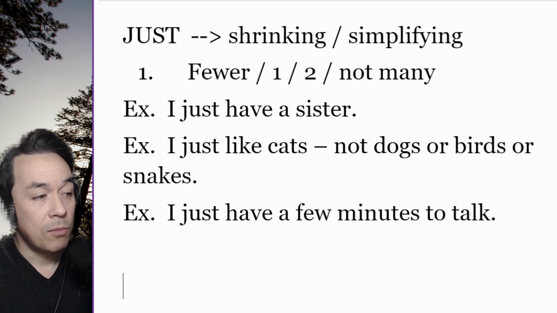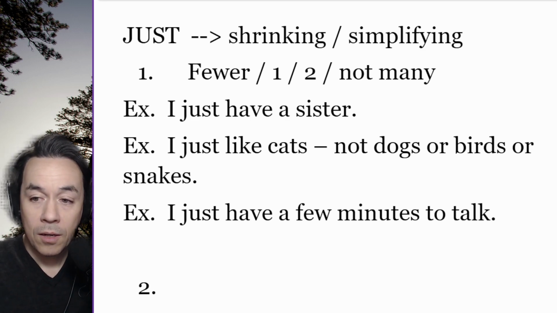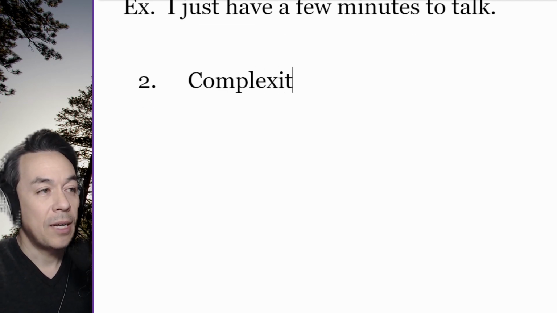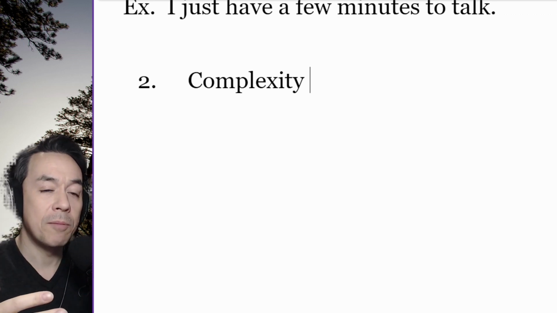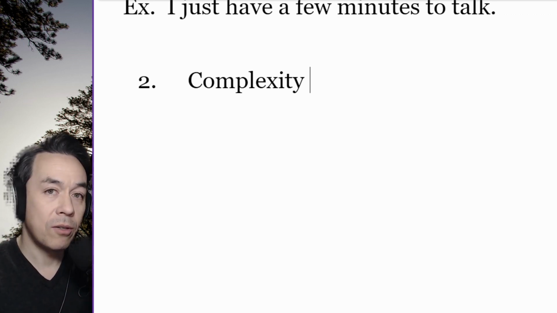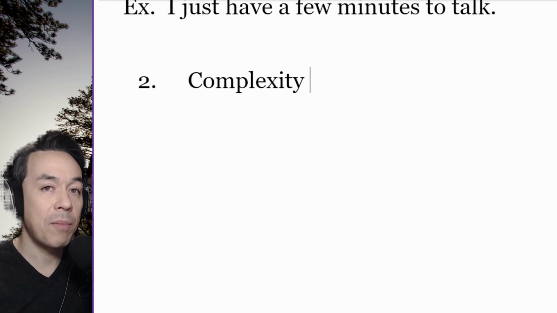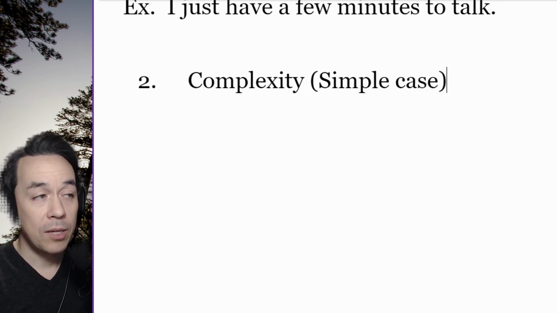Okay, now let's say number 2. Another time we use it is about complexity. So if something has many parts, or it's difficult to understand, or it takes a lot of thinking power or thinking effort. No, this is the simple case.